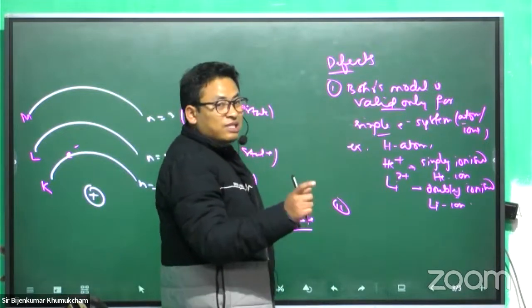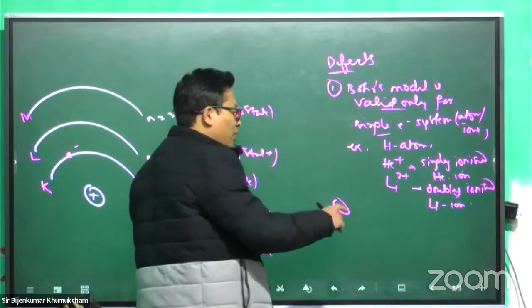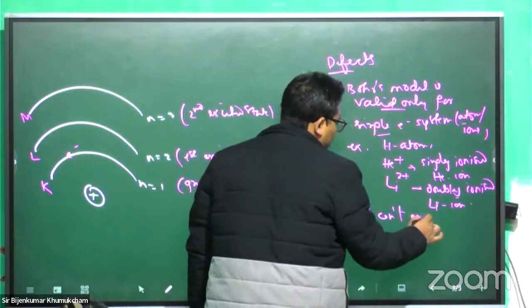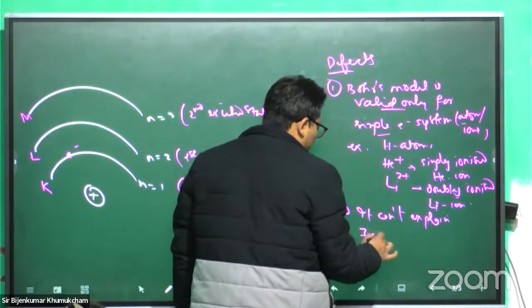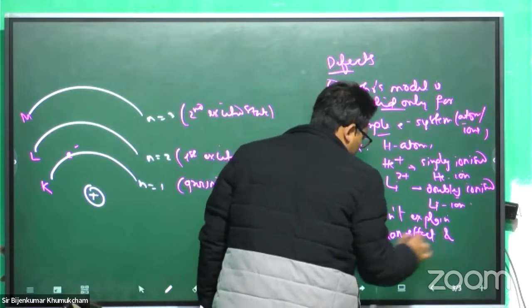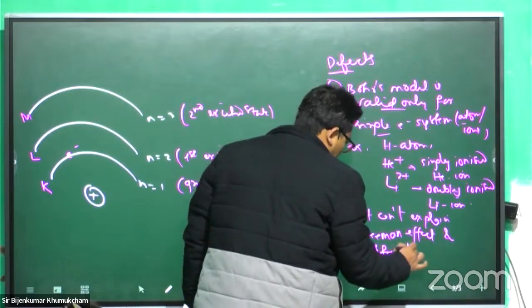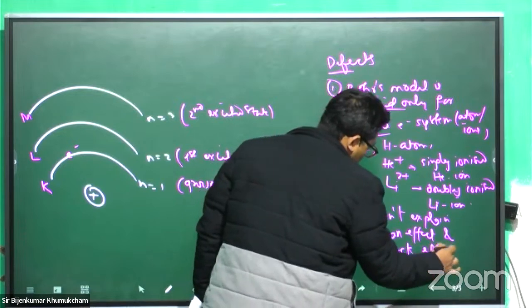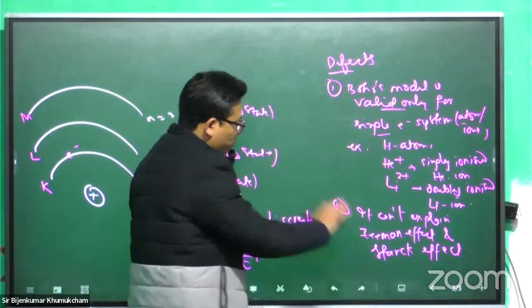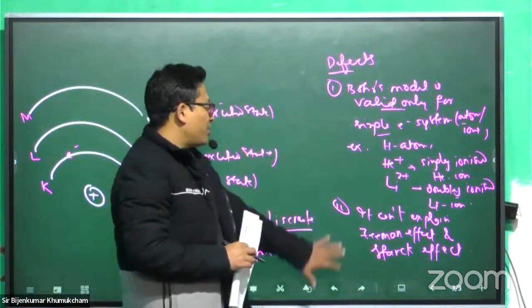This is what we call the Zeeman effect and the Stark effect. Bohr's model can't explain the Zeeman effect and Stark effect. S-T-A-R-K is the spelling of Stark.